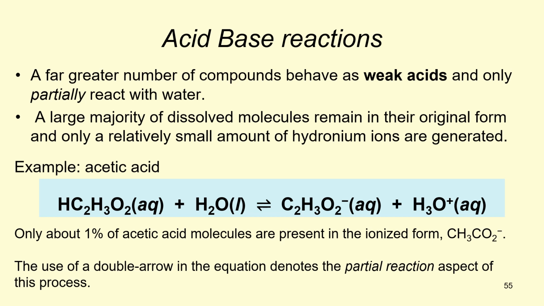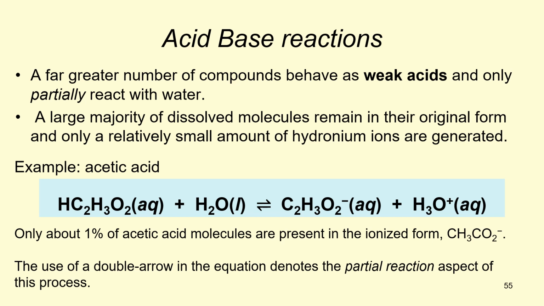But only about 1% of acetic acid molecules will ionize, and so generally speaking, we show that with a double arrow. In an ionic equation, if it's a weak acid, we keep it written together.